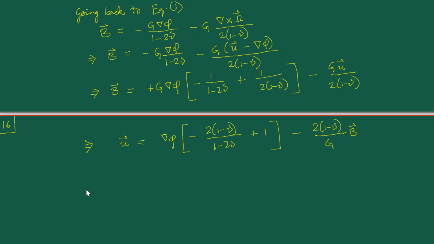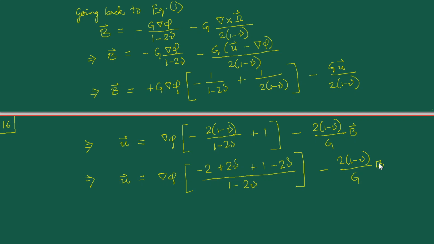All right, let me simplify that a little bit. So this is minus 2 plus twice nu plus 1 minus twice nu, divided by 1 minus twice nu, minus twice 1 minus nu by g b vector.